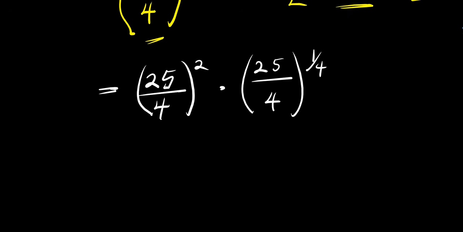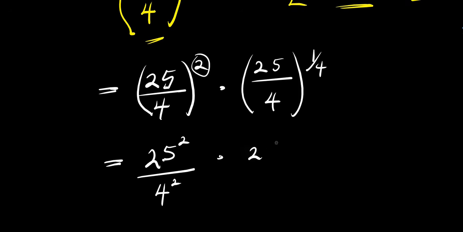So from here, this simply means we are going to share this exponent to each of the terms right here. That means we will have 25 power 2 divided by 4 power 2 times 25 divided by 4, and this is raised to the power of 1 over 4.